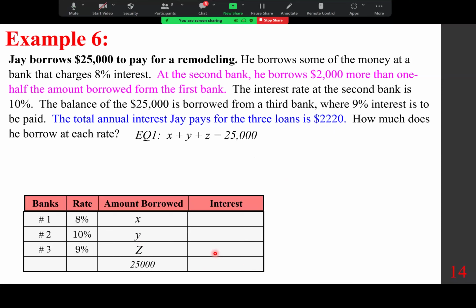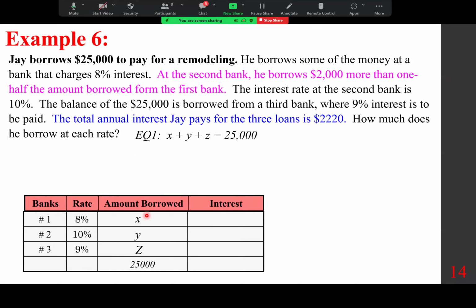If we want to go with this equation first, X plus Y plus Z is 25,000. The second equation comes from the sentence in red or purple. He borrows $2,000 more than 1/2 the amount borrowed from the first one.